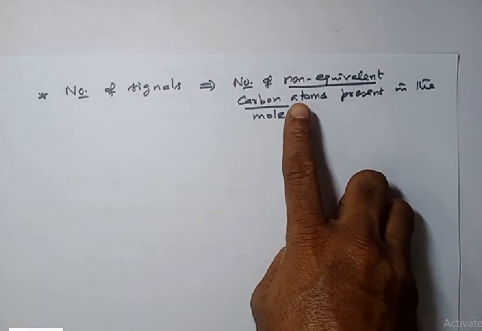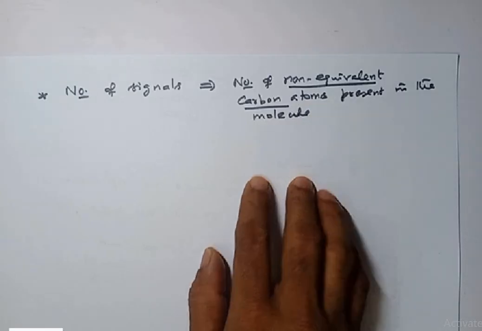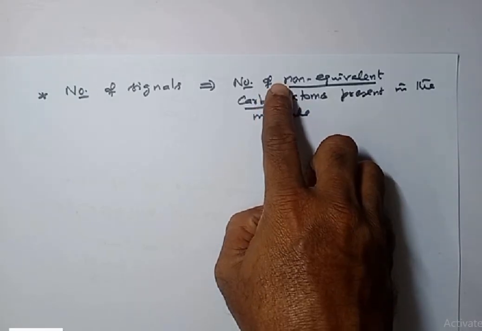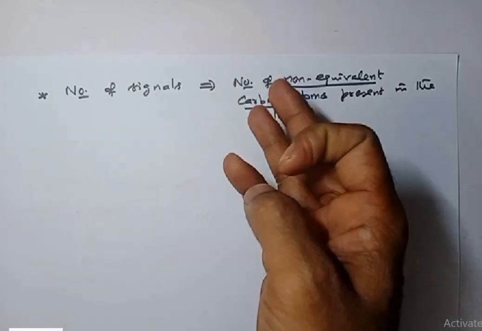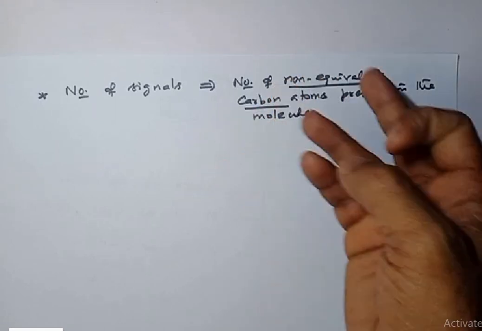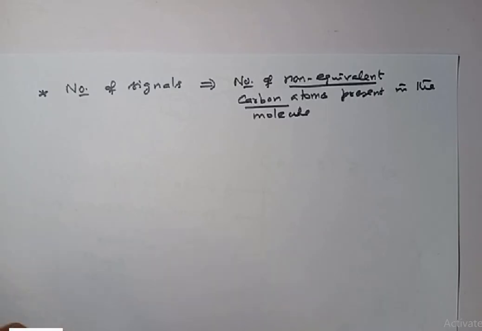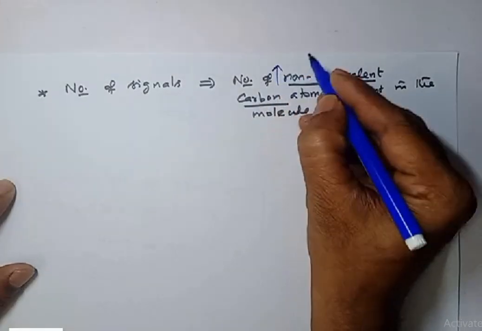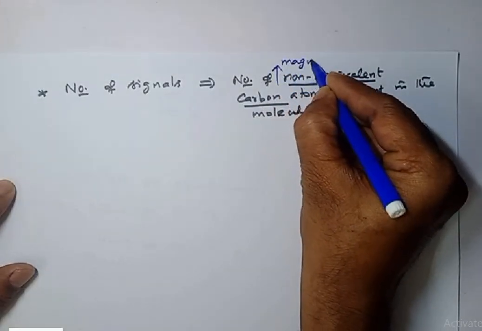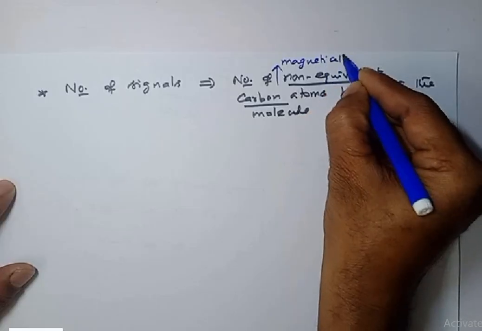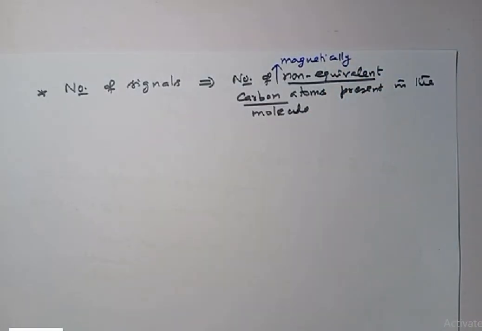So I have given this point, keep this in mind: the number of signals is equal to the number of magnetically non-equivalent carbon atoms present in the molecule. Let me use that word so that you will get some clarity. Now I'll give some examples.